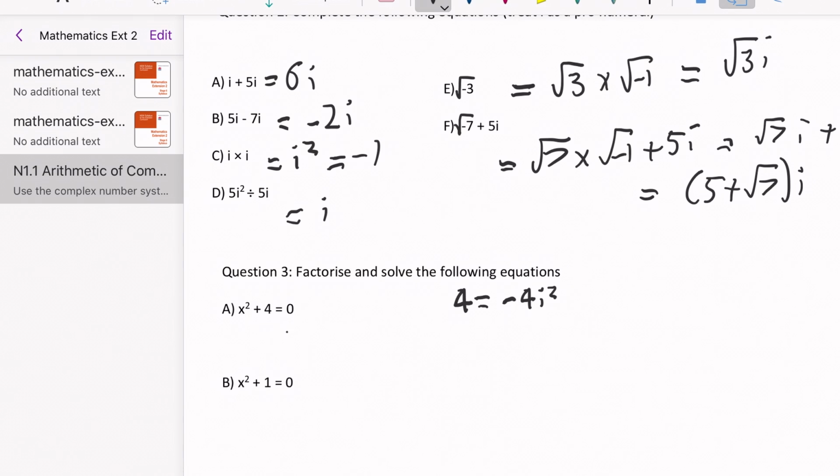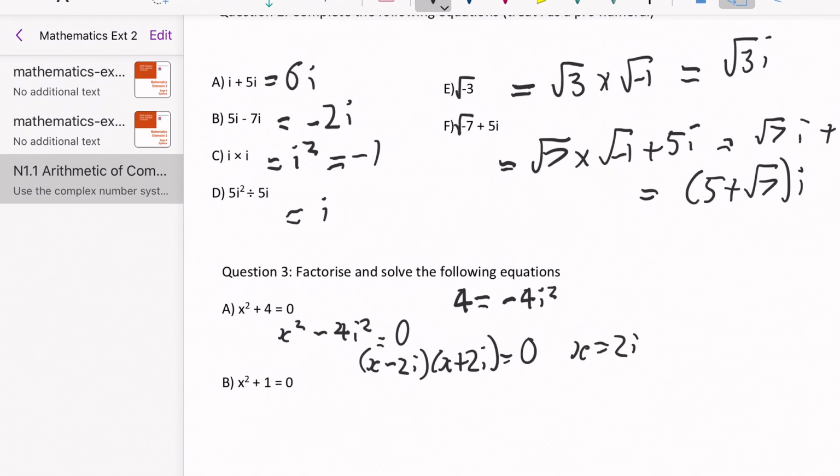So let's write this as x squared minus 4i squared is equal to 0. Now we can do a difference of squares. So x minus 2i, x plus 2i equals 0. So we get our two solutions, x equals 2i and negative 2i.